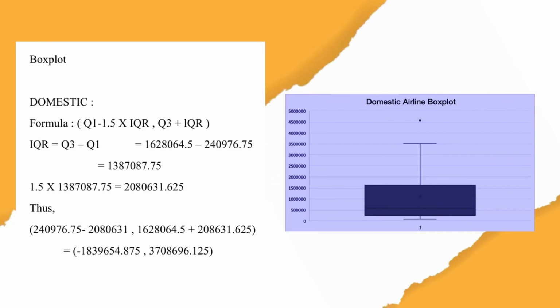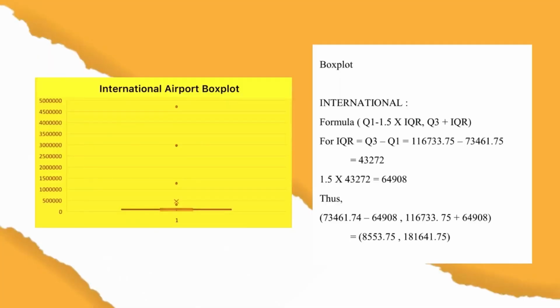For domestic, Q3 is 1,628,064.5 minus Q1, 240,976.75. The lower limit for domestic is negative 1,839,654.875.